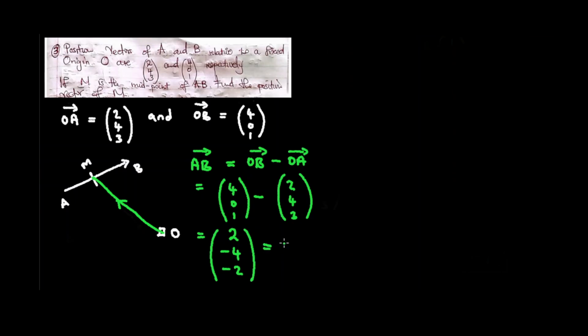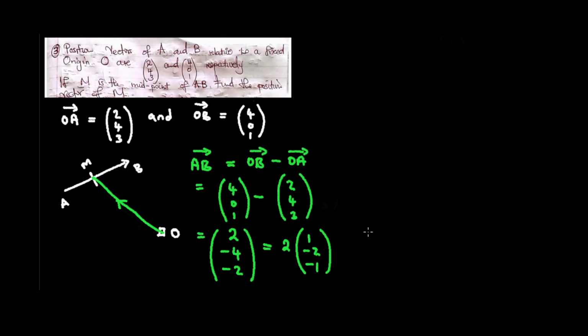We take out the scalar 2, then our vector will be (1, minus 2, minus 1). We can test this. 2 times 1 is 2, 2 times minus 2 is minus 4, 2 times minus 1 is minus 2. So our answer is either (2, minus 4, minus 2), or 2 multiplying (1, minus 2, minus 1).